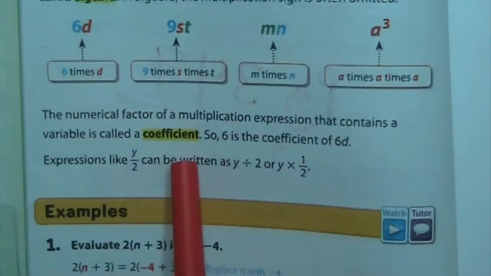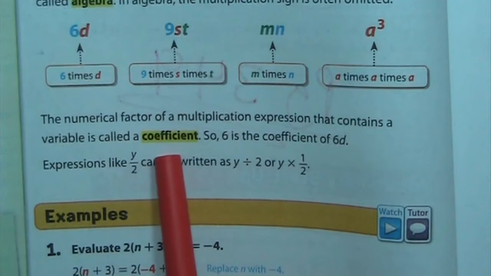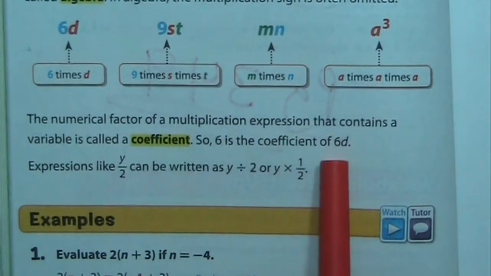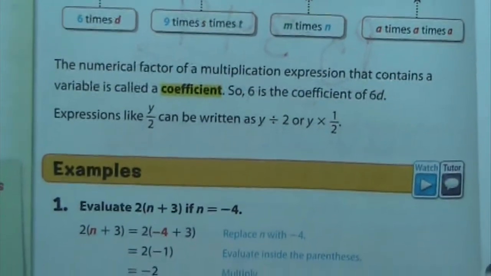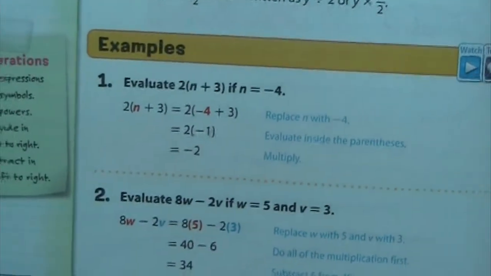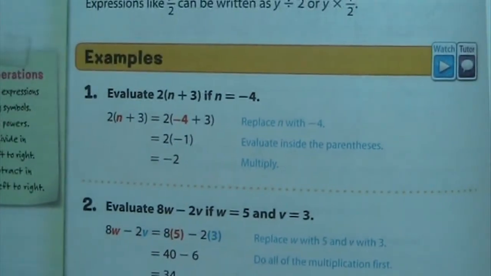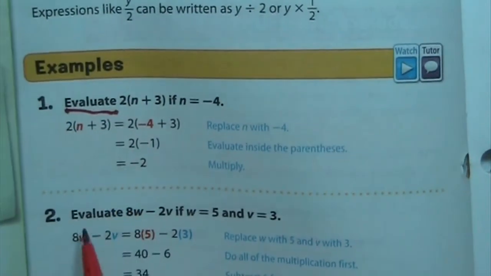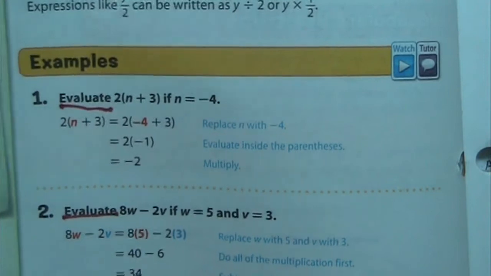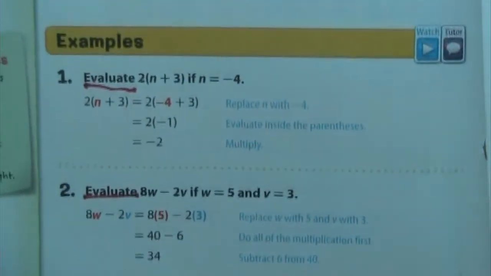Okay, we've already talked about the coefficient, right? That's a number with a letter, a variable, attached to it, multiplied. Now, if you notice the word on examples 1, 2, and 3, look what they have: Evaluate.